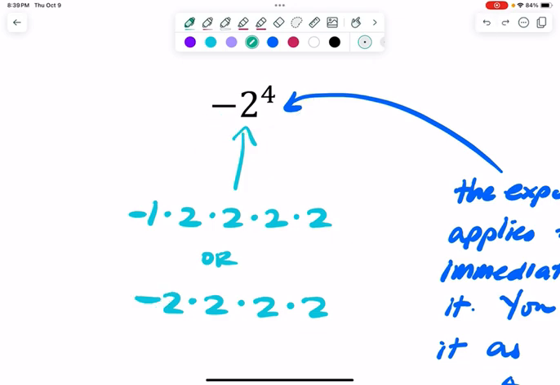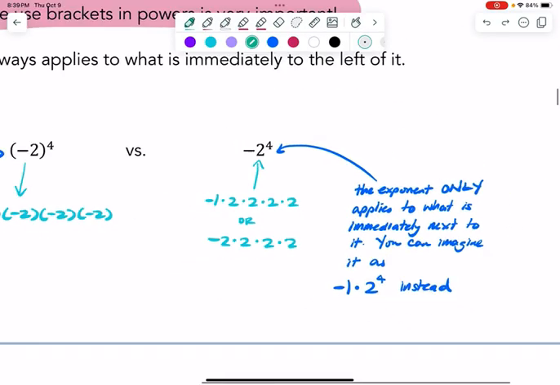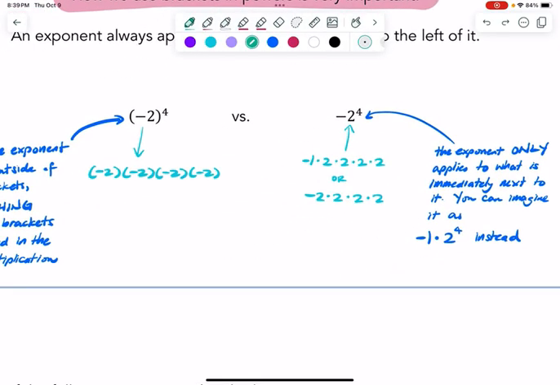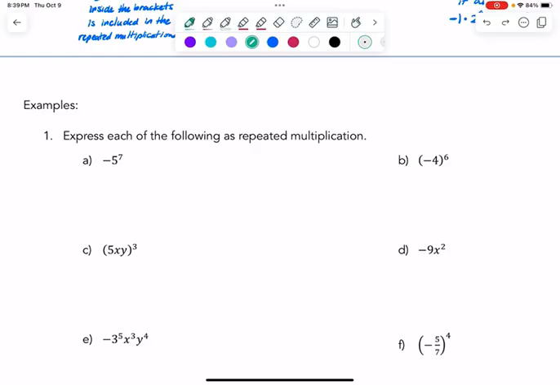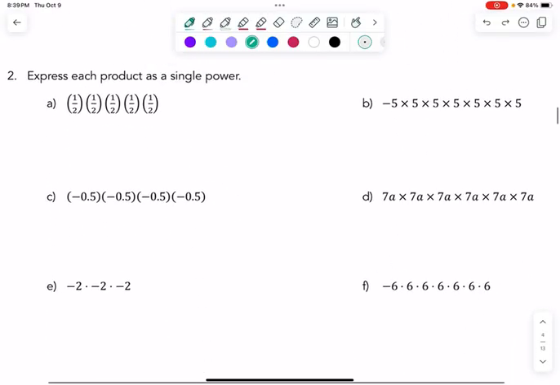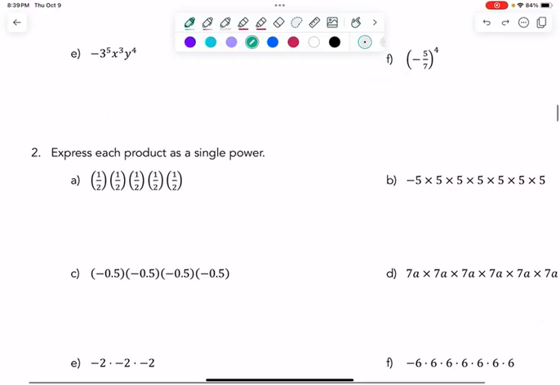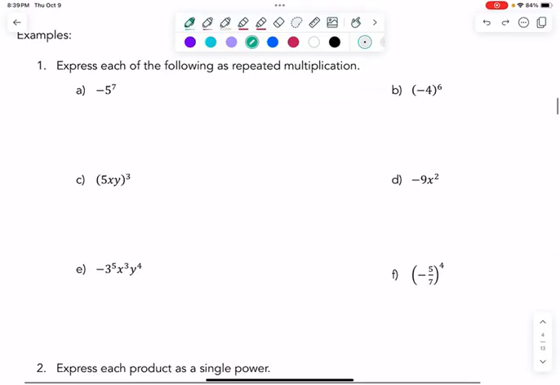On the next page, there's a bunch of examples. Similar to these, you're going to write each of those examples as repeated multiplications. So 6 examples of that. After that, there's 6 examples of trying to write them as a single power. Take a moment now. You'll pause the video.